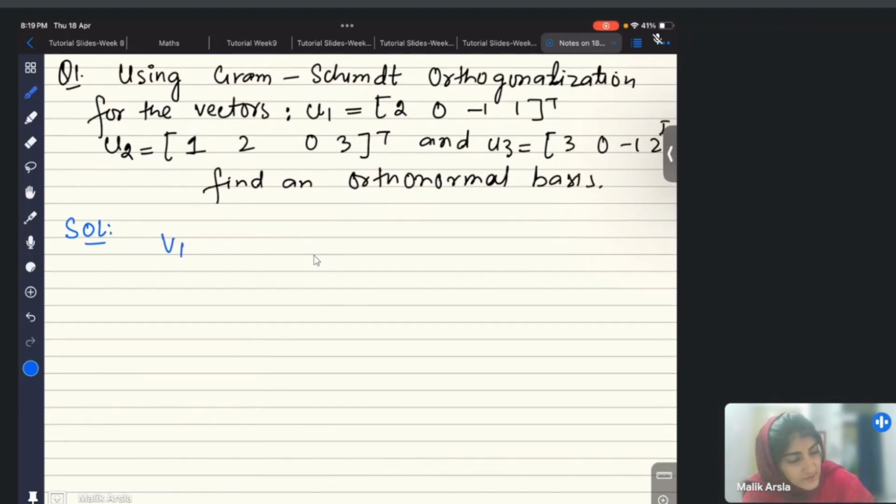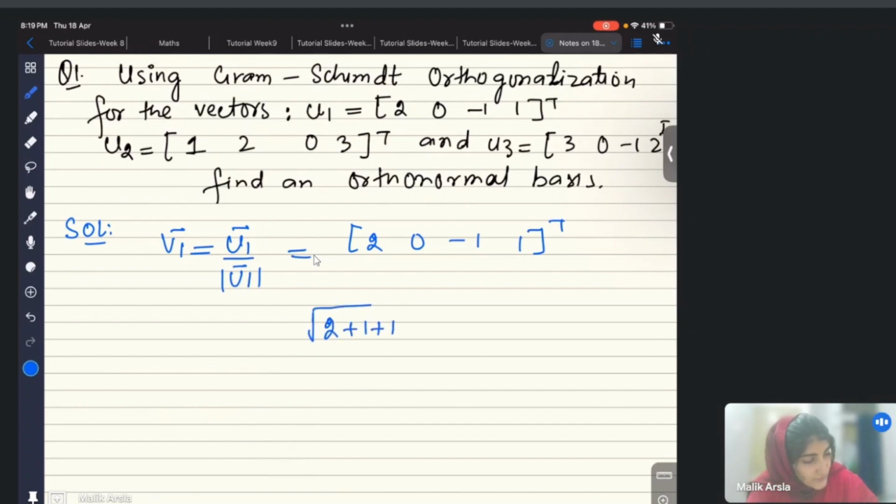So v1 is nothing but u1 upon magnitude of u1, which is u1 is 2, 0, minus 1, 1 transpose, and the magnitude is 4 plus 1 plus 1, which is equal to root 6.